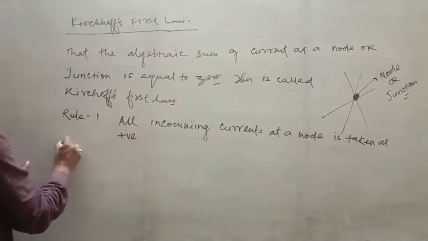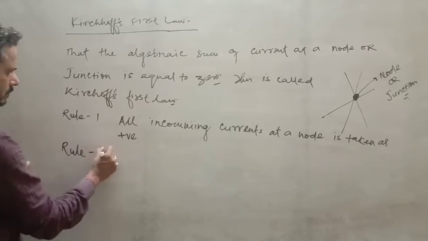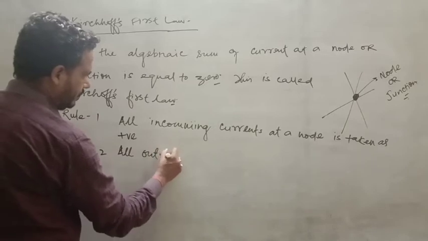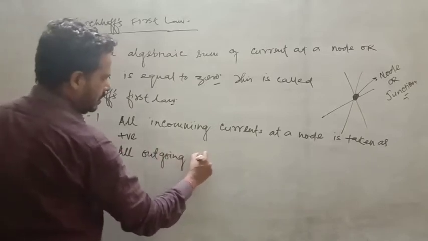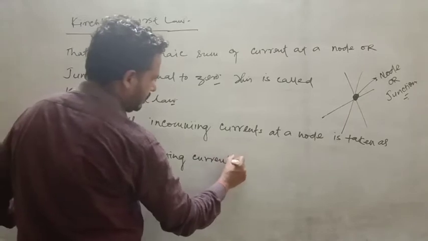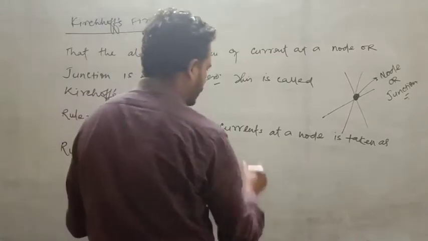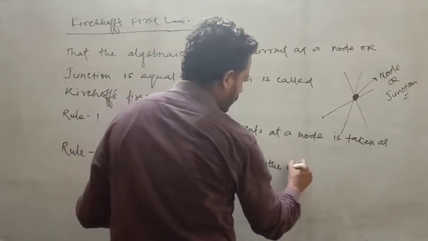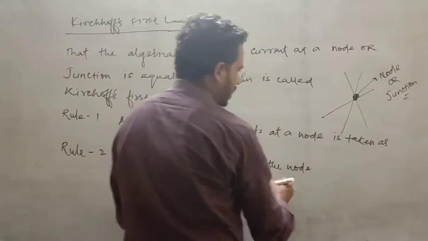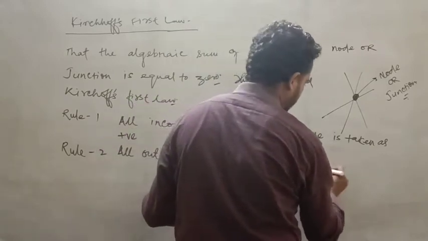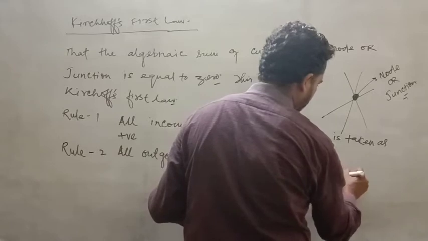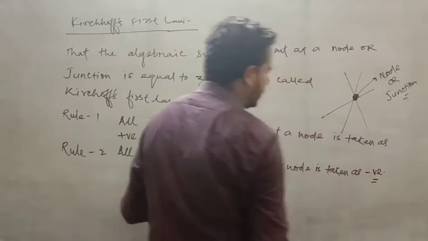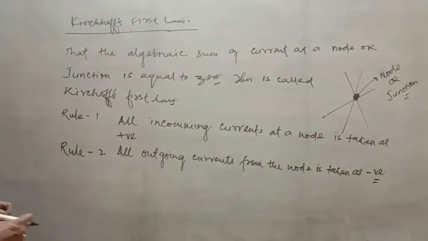And rule 2: all outgoing currents from the node are taken as negative. So you have to simply apply these two rules.